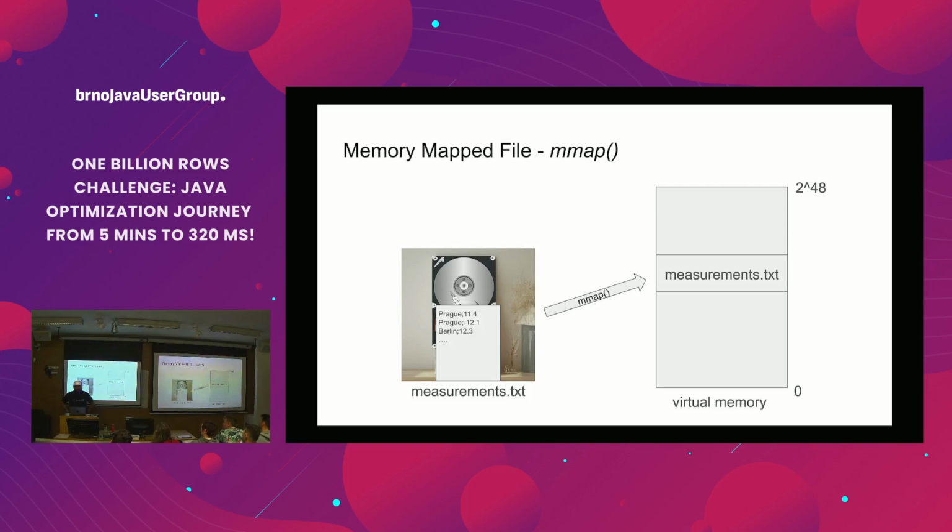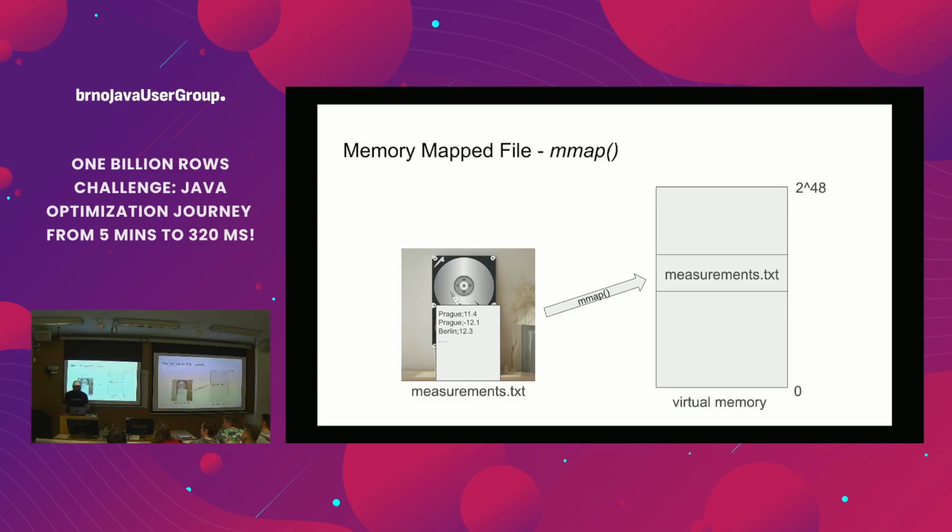Anyway, it's a system call that allows you to take a file and map it into your virtual memory, into your address space, and then you can access the content of the file. You can read the file, or sometimes even mutate the file, as if it was just memory content.